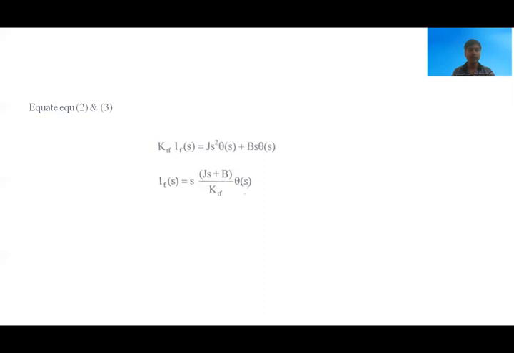By taking the expression for If of s, we have s into (J s plus B) divided by Ktf into theta of s, and say this is equation number 4. From the first equation, by taking common If of s, we have (Rf plus Lf s) into If of s is equal to Vf of s, and say this is equation number 5.